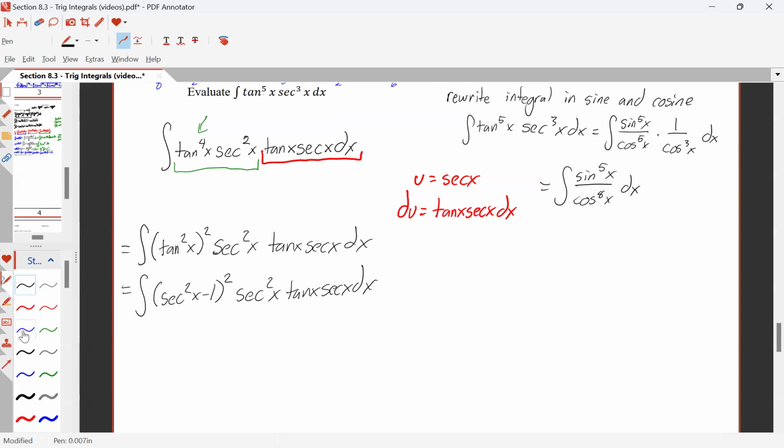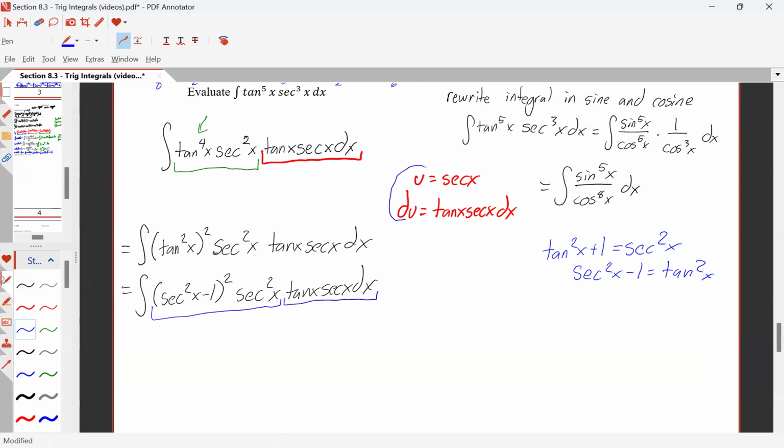We have the Pythagorean identity tangent squared x plus 1 equals secant squared x, so secant squared x minus 1 equals tangent squared x. Now everything's in secant except for this du.